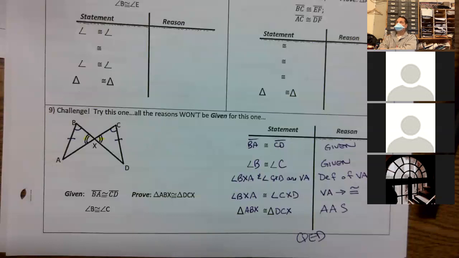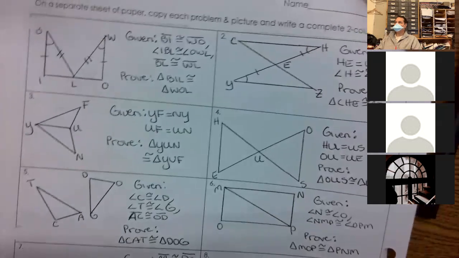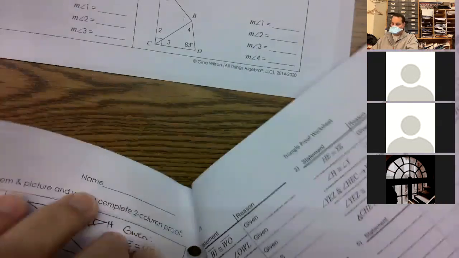Now, this one is more typical of what you'll see in writing proofs. You'll be given most of the information, but you'll need to use a little bit of your own knowledge to do some of it. So if you flip the page again, you'll see this is a whole page of proofs. There are 12 of them. And the page after this, I've effectively made an answer sheet for you.